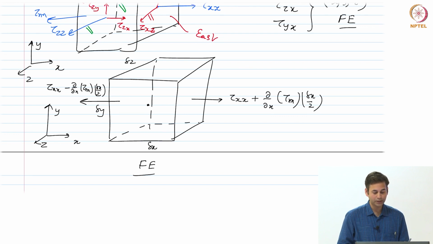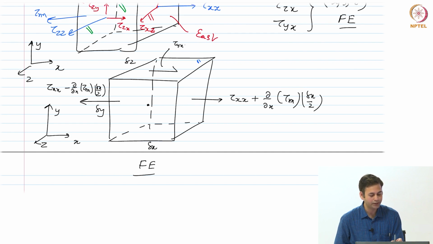What about the other quantities that we have? Tau yx. In which direction would tau yx be acting on this north plane? If it has to be positive, it has to act in the positive x direction, because this is a positive y plane. So this would be tau yx defined at the centroid, plus partial y tau yx delta y by 2.